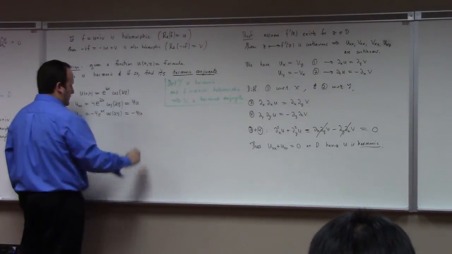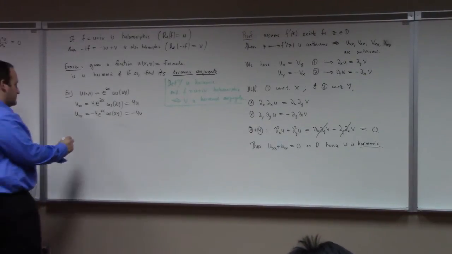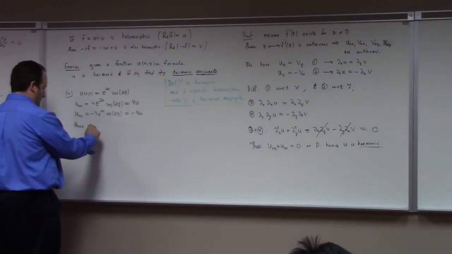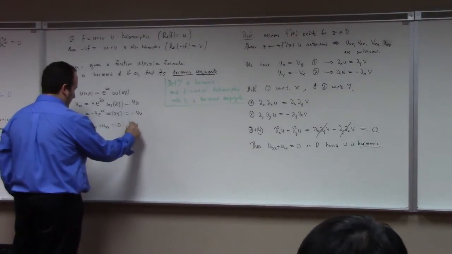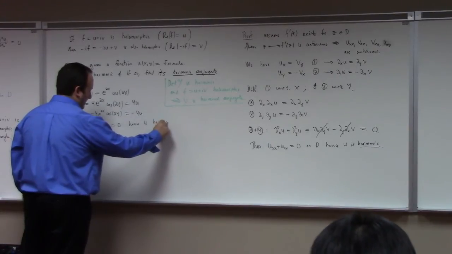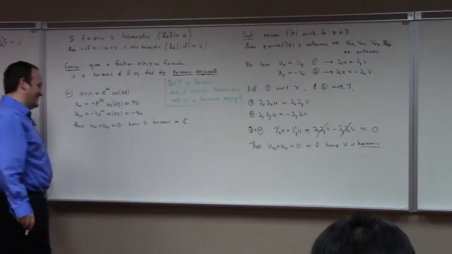Minus 4u, of course, is what that is. But anyway, the point is if you add them, it's harmonic, right? Hence, uxx plus uyy is equal to 0. Hence, u harmonic. And where's it harmonic? In fact, it's harmonic on the whole complex plane.